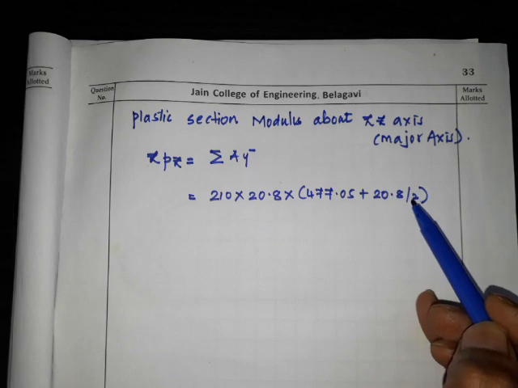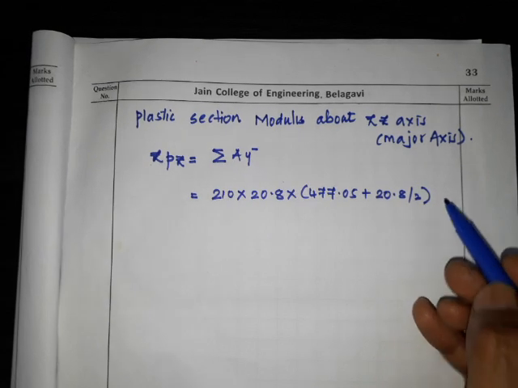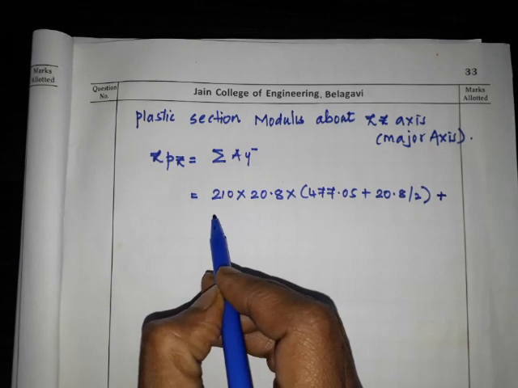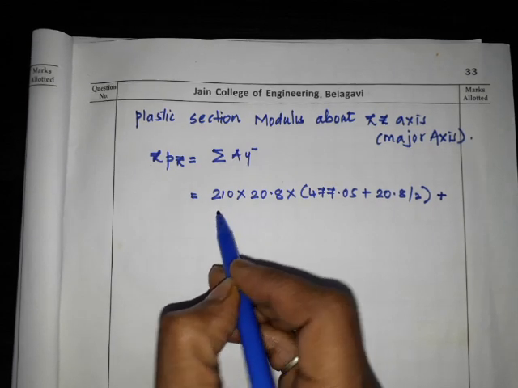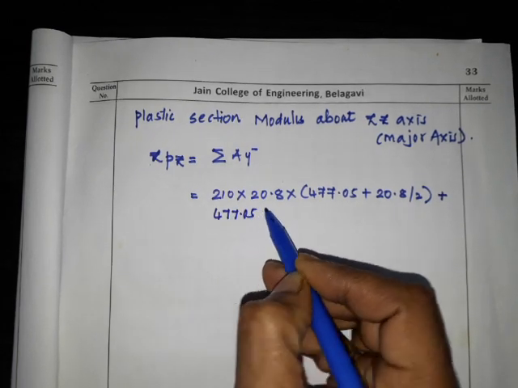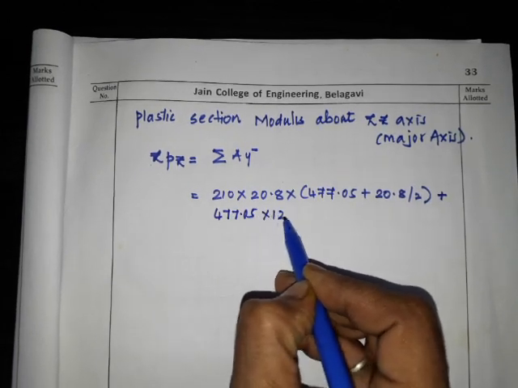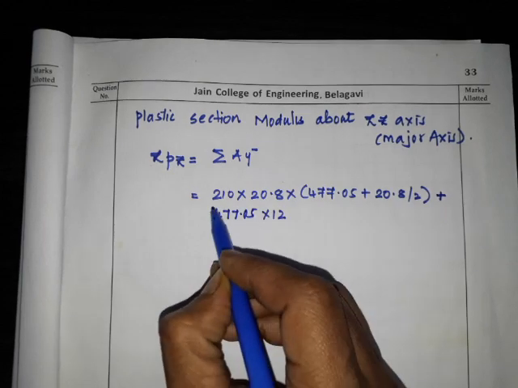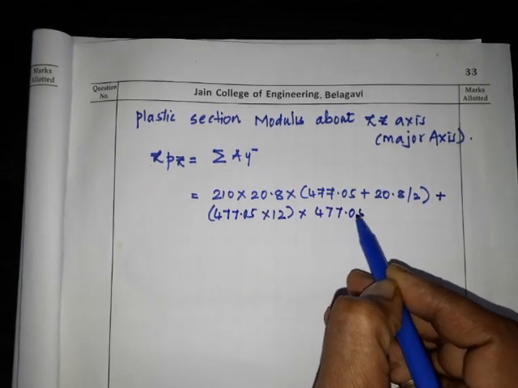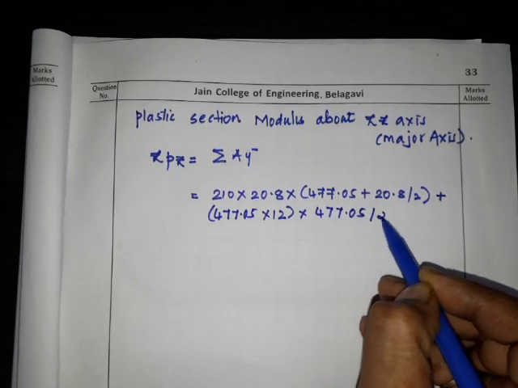Now we'll move on to the web part. The area of web below the equal area axis is the height 477.05 into the thickness of web, 12, and the center of the web is at 477.05 divided by 2.